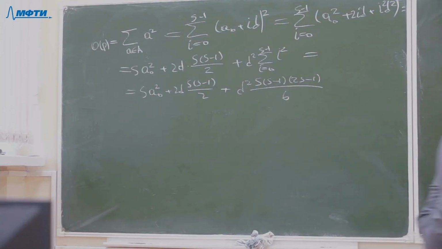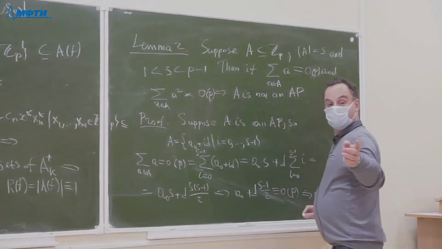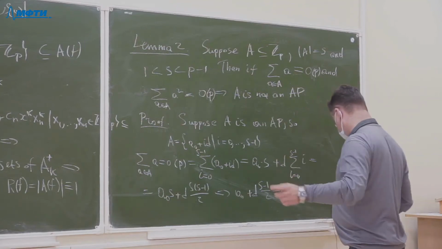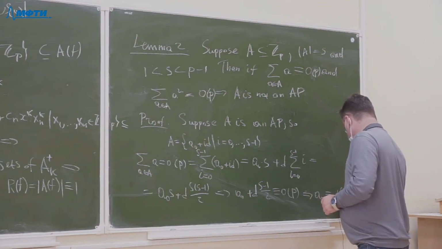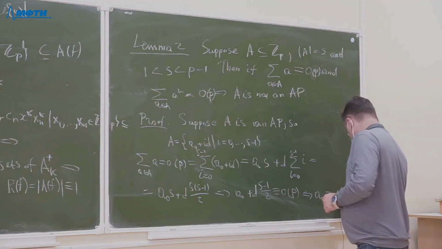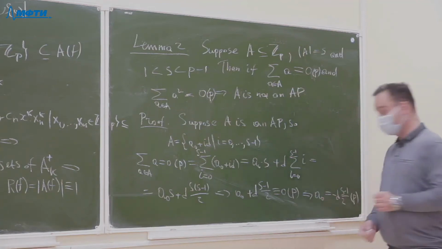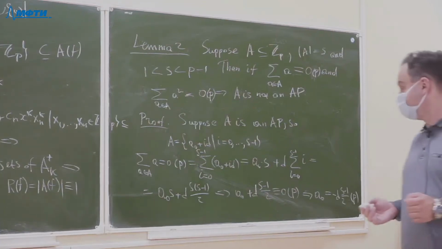Well, from this we have that A0 is minus d times S minus 1 over 2 modulo p. Well, let's substitute it in here.